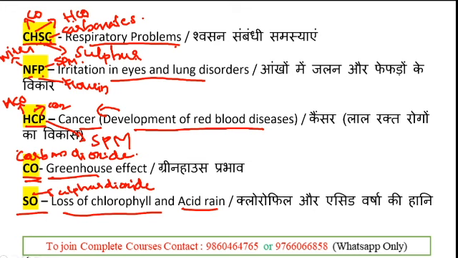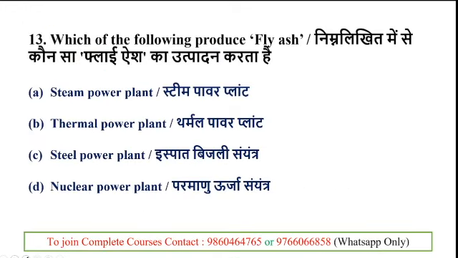Okay, then next one related with the produce: which of the following produce fly ash? So the fly ash is a particulate matter, or the emittance from the fired boiler, like fine grained powder particles. It causes biological pollution, and also results in cyclones in the atmosphere.